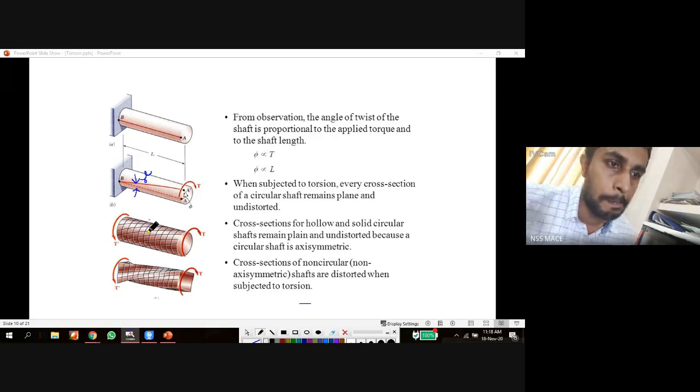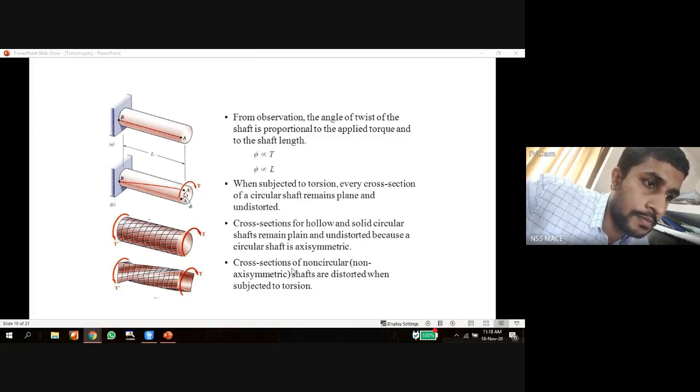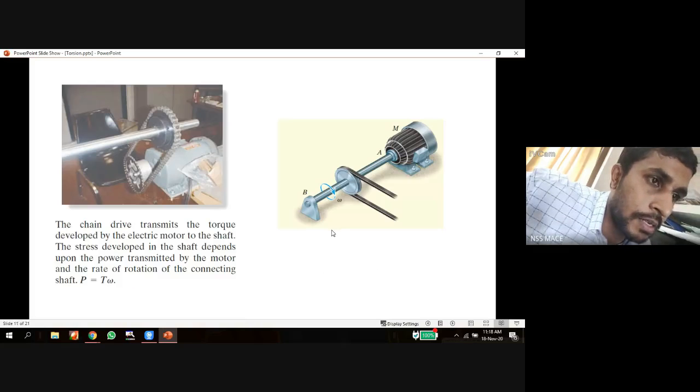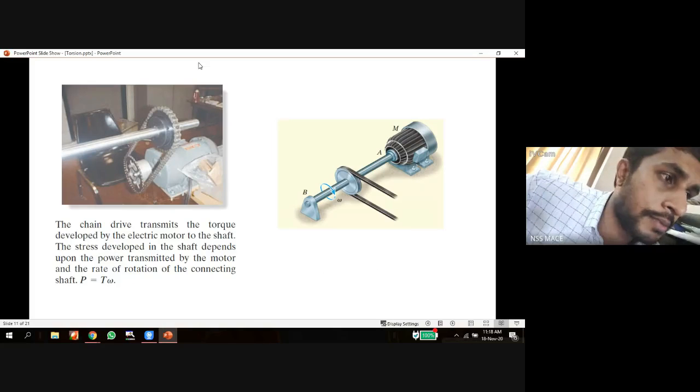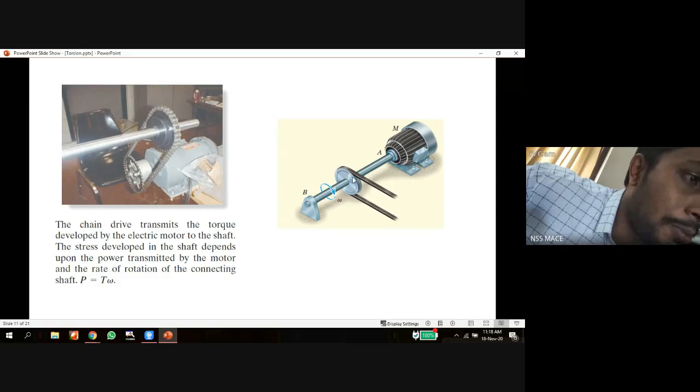Okay. And we will discuss some assumptions. This is a member subjected to twisting. Here we can see a motor is connected, and power is transmitted from the motor to another machine through this pulley and belt arrangement.